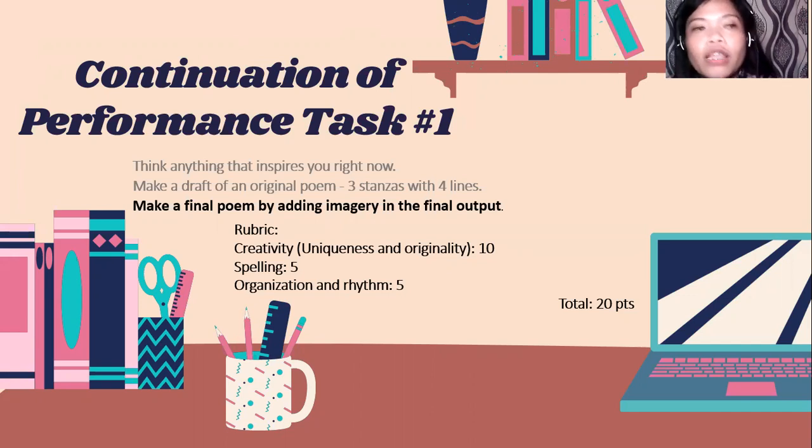Or if you found out that you've already used at least one, like the gustatory image, or the visual imagery, which is the most common one, then just highlight or underline it. For the rubric, it's the same. Please follow the rubric so that you will get 20 points for your performance task.